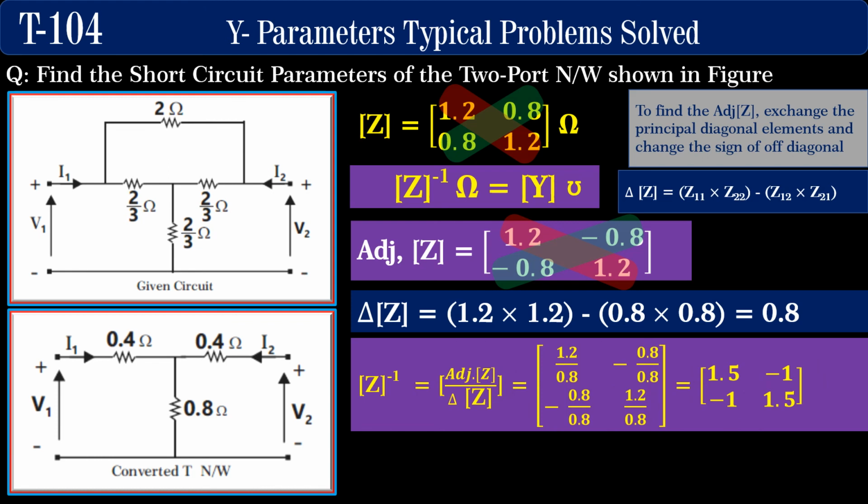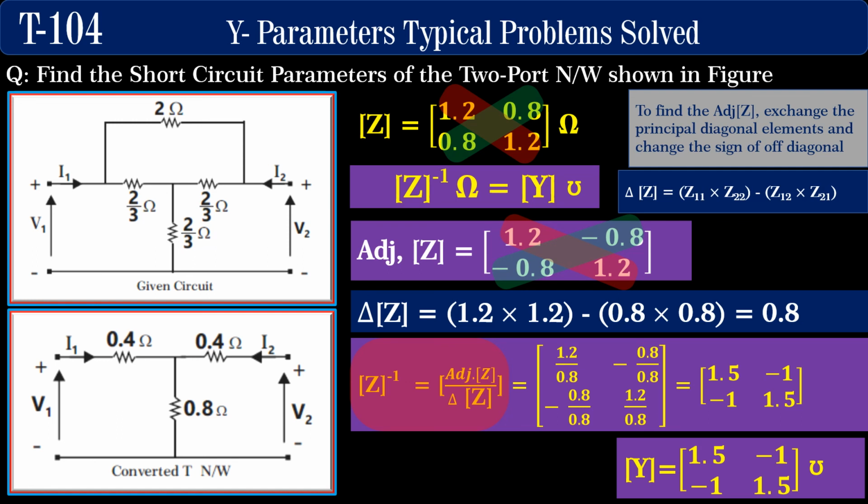But inverse of the Z matrix is equal to adjoint of the Z matrix divided by delta Z, meaning each element of the adjoint matrix is to be divided by delta Z, and by doing so we obtained Z inverse matrix is equal to 1.5, minus 1, minus 1 and 1.5. Hence Y matrix is equal to 1.5, minus 1, minus 1 and 1.5 mho.